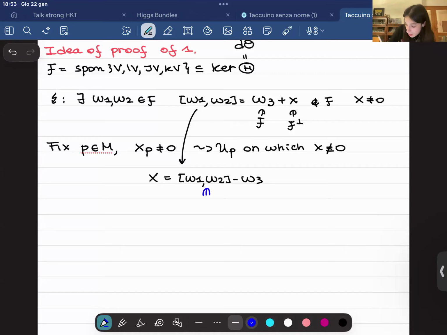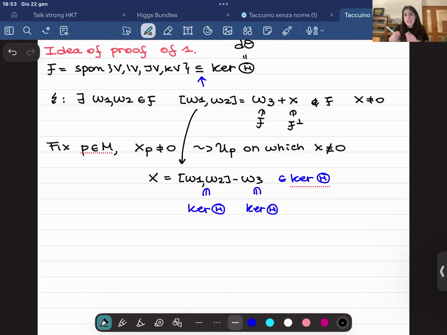This belongs to the kernel of capital Theta, and this is true because, if you remember, my Ricci foliation is involutive. And this belongs again to the kernel of Theta, since F holds this property. And so this is in the kernel of Theta.